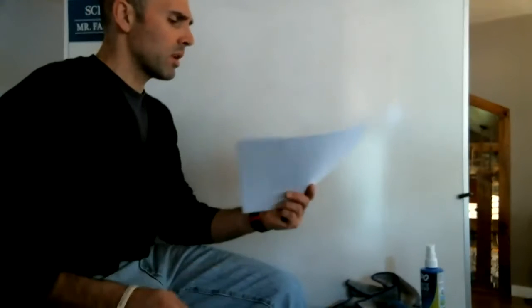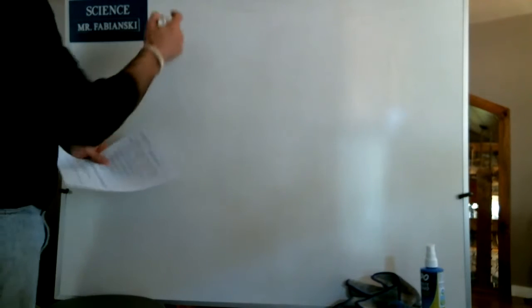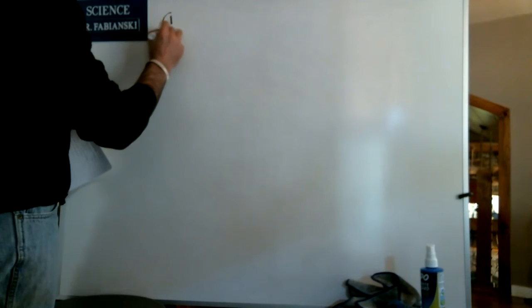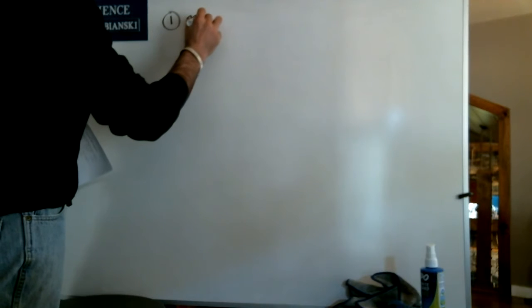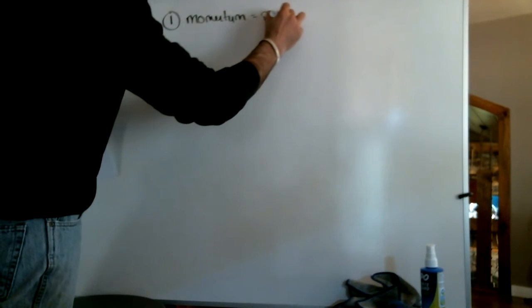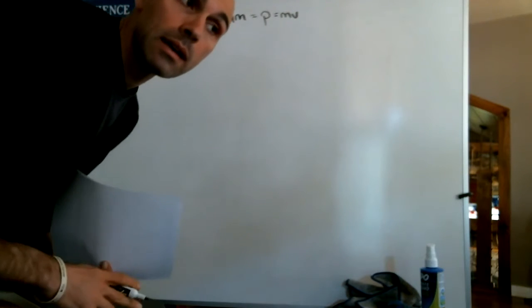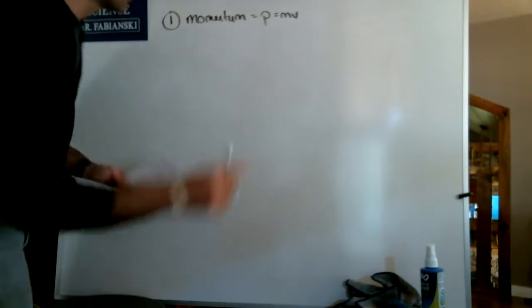So, number one, make sure to have a working knowledge of momentum and impulse. You know what momentum and impulse are, right? Momentum is P equals mv. It's how hard it is to stop an object moving, okay?